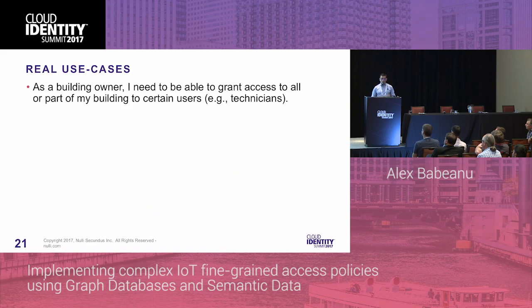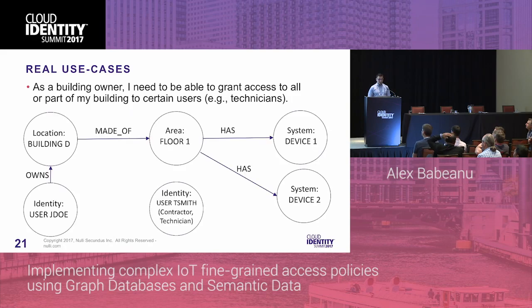I just want to show a last use case here. As a building owner, I need to be able to grant access to all or part of my building to certain users, for example, technicians who need to maintain some devices. This is what it could look like. On the lower left, we have the building owner, J. Doe. He owns building D, and that building is made of several floors.